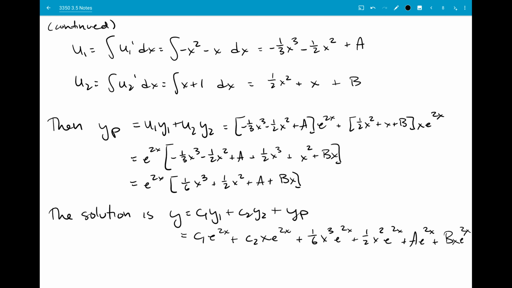But I'm going to note that here's a c1 e to the 2x and an a e to the 2x that are going to combine together for just some c1 tilde e to the 2x.